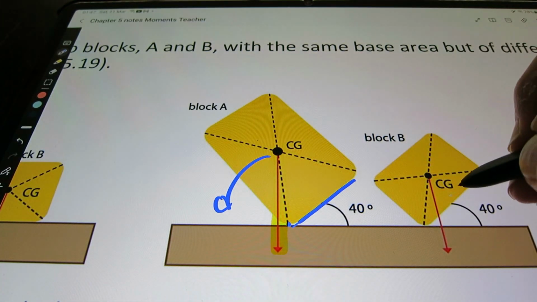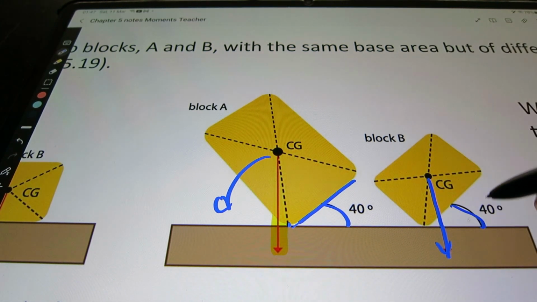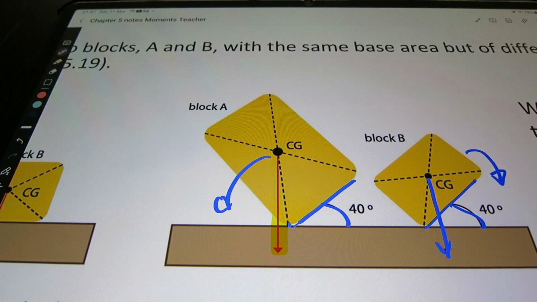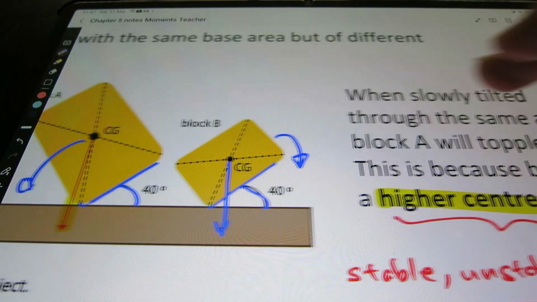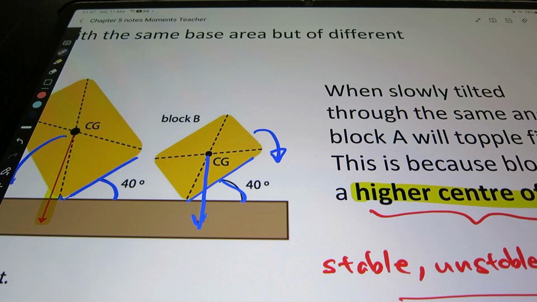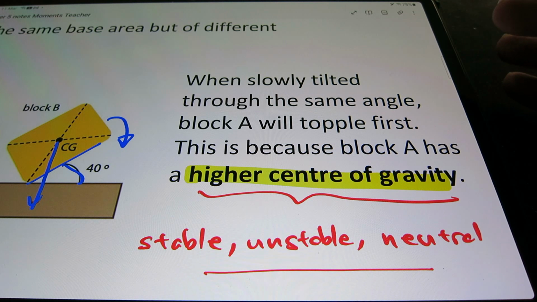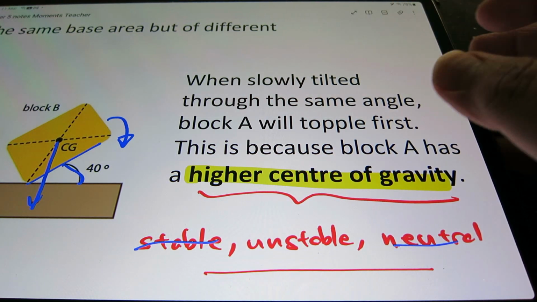But if you have a lower center of gravity and I rotate it to the same angle, this weight is still going to be within the base area, and that will cause it to have a clockwise movement, which will cause it to return back to its original position. So the lower your center of gravity, the more stable your object is. An object with a higher center of gravity is going to be a little bit more unstable, and it's going to topple when you rotate it even just a little bit.